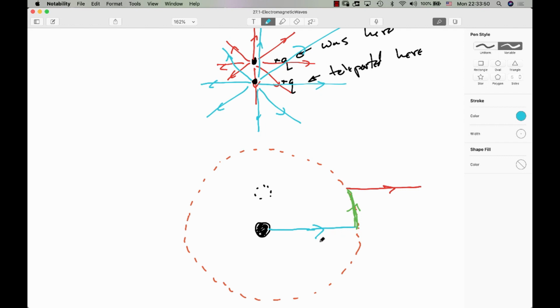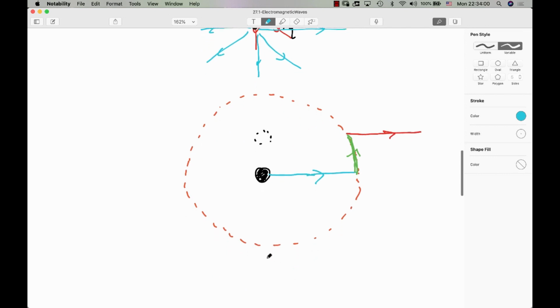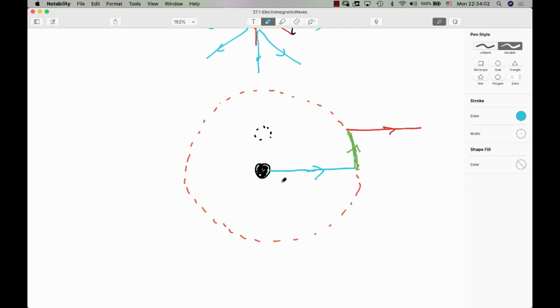And this is happening in other places as well. I'll draw just a couple of lines in the interest of time. I won't try drawing a whole bunch. So we can try, say, this line here. Anywhere from here to here, space has gotten the memo that the charge is here.